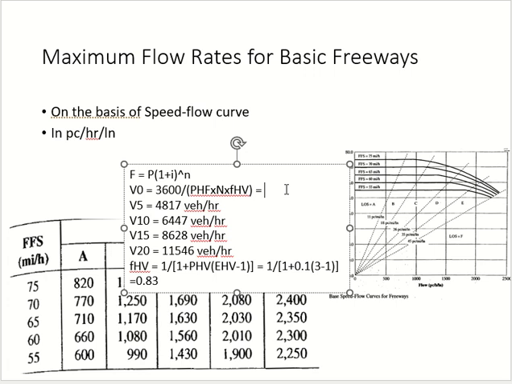How much is the peak hour factor? 0.94. The results are 1.71, then 2102, then 2814, then 1040.